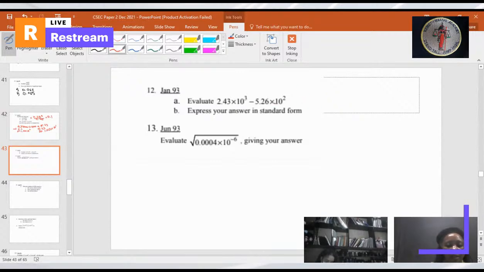You can use your calculator for this. Yes, miss. Work out the first part of A for me. Sorry, I forgot to put the multiplication. Minus 2.43 times 10 to the third power. That would be 2,430.